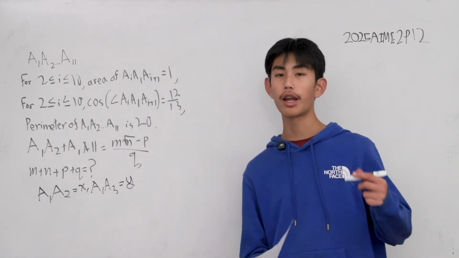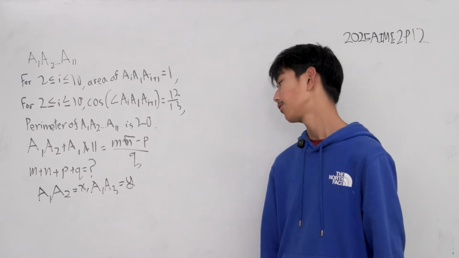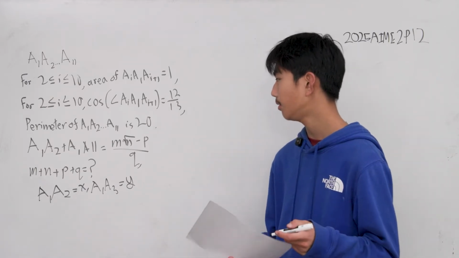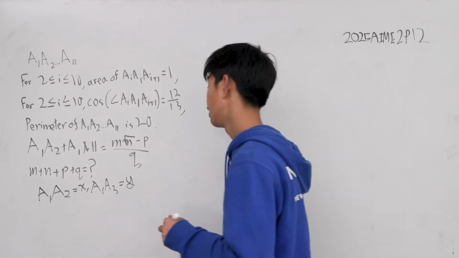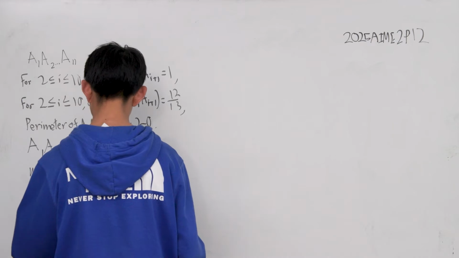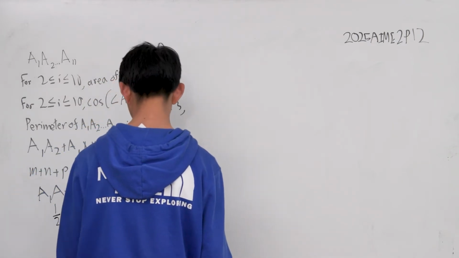The area of a triangle can be found in various ways, but for this argument we want to use the trigonometric area formula. So it's going to be 1/2 xy sine theta equals 1.